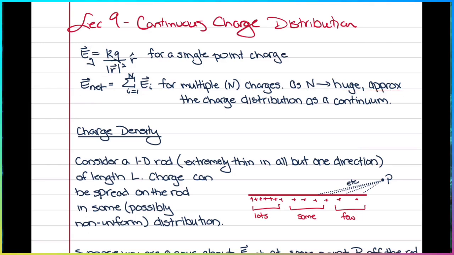So what we are going to do is approximate the distribution as a continuum, even though we know that charges come in individualized discrete packets. Right, there's fundamental charge units that charge comes in. Treating things as a continuum is going to be a very powerful, very accurate approximation for what's actually going on.